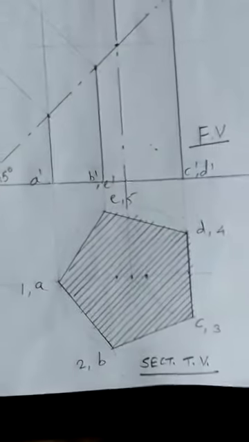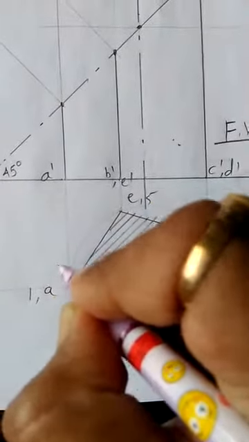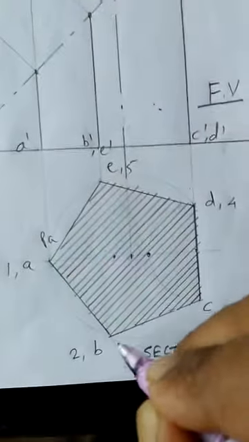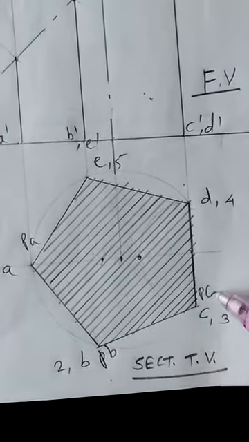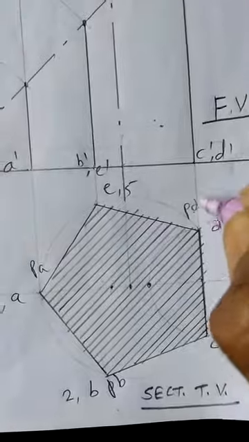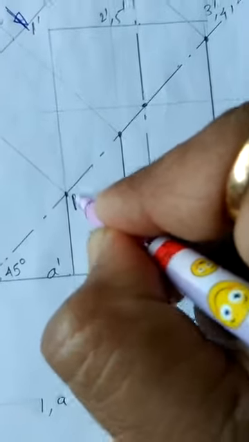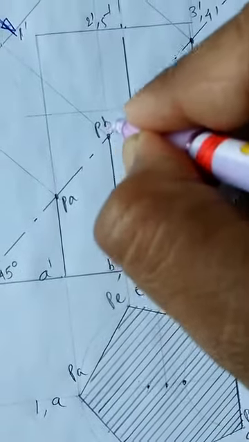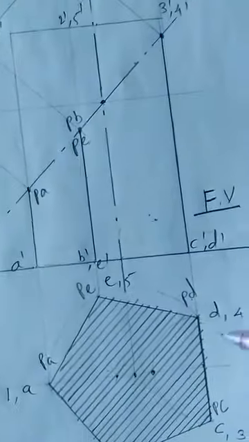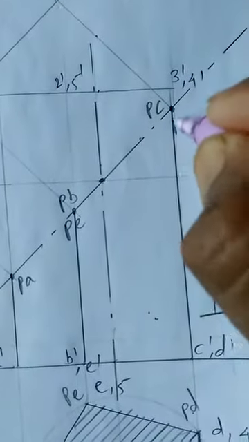These points we can name as PA here, this point as usual PB, C is here, so we will name it PC, this point we will name PD, this point is PE, same PA. On B and E, corresponding names PB and PE we can write. Similarly C and D are here, so PC and PD we can name.